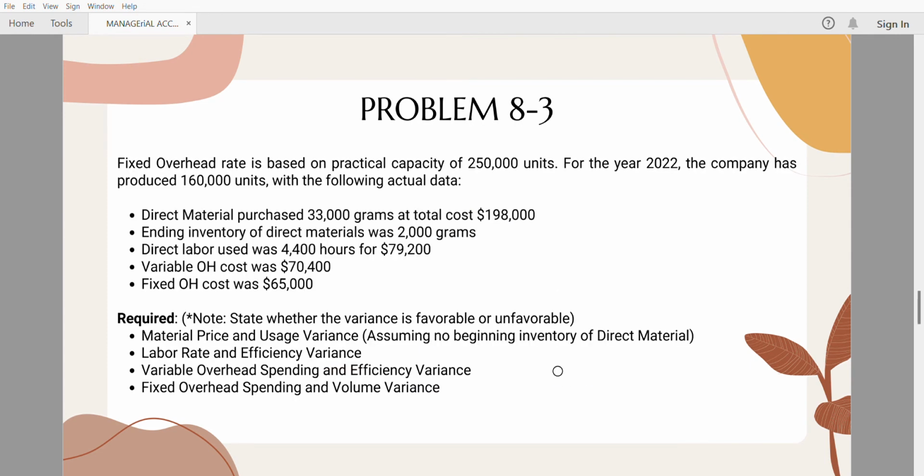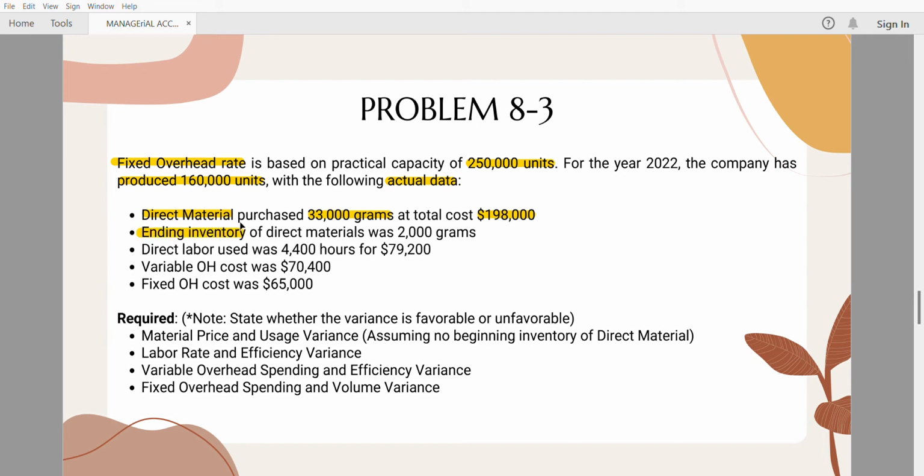So it's the total cost per unit. Okay, and then continue to the problem. They said that the fixed overhead rate is based on practical capacity of 250,000 units. And for the year 2022, the company has produced 160,000 units. So that is the actual amount that they produce, with the following actual data. Direct material, they purchased 33,000 grams at total cost of 198,000.